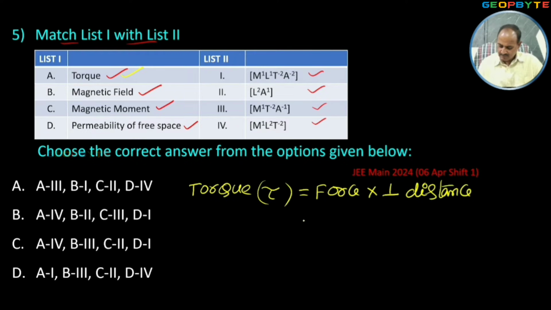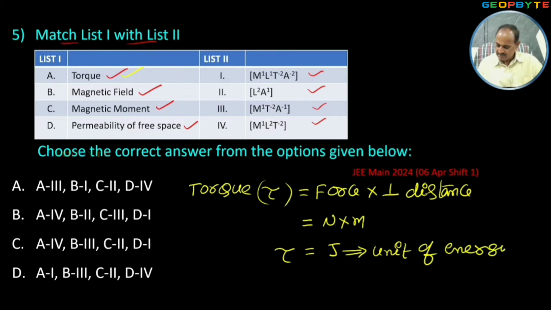Force is in Newton, distance is in meter. Newton meter is the unit of joule. So the torque unit is joule. Joule is the unit of energy. Therefore, the torque unit and energy unit both are same.